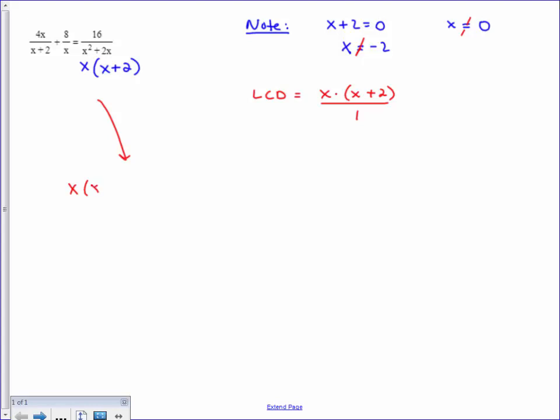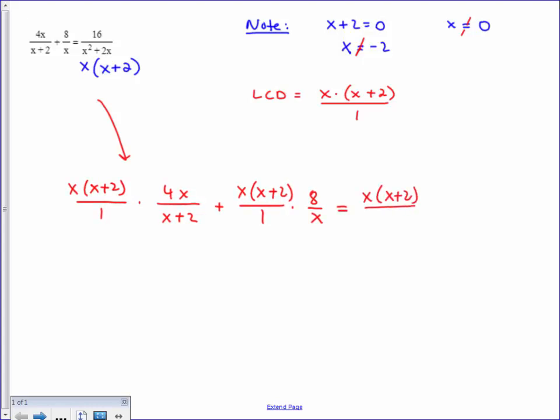So I'd have x times x plus 2 over 1 times 4x over x plus 2, plus x times x plus 2 over 1 times 8 over x, equals x times x plus 2 over 1 times, and then notice on the right hand side, the original problem was 16 over x squared plus 2x.